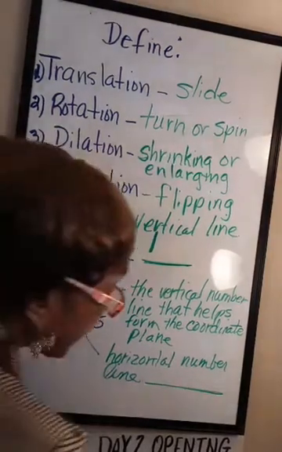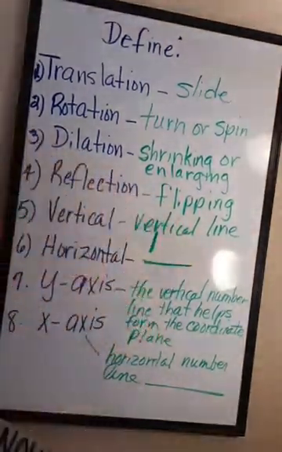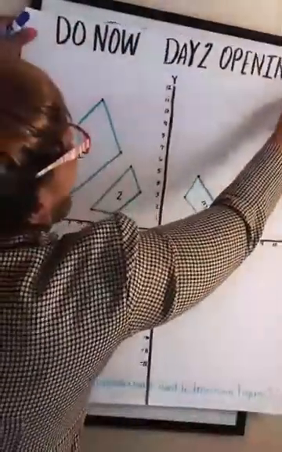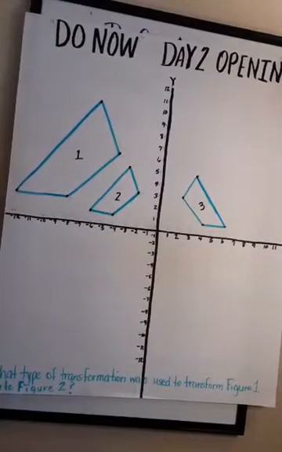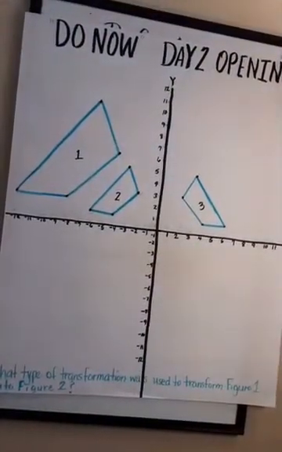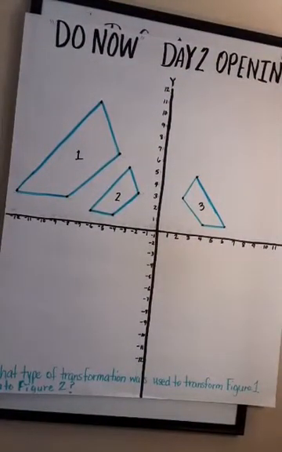Okay, the question for today is this. Drop in your answer. If you pull up your sheet for day one opening, you will see that. Which one of those transformations are we using here?